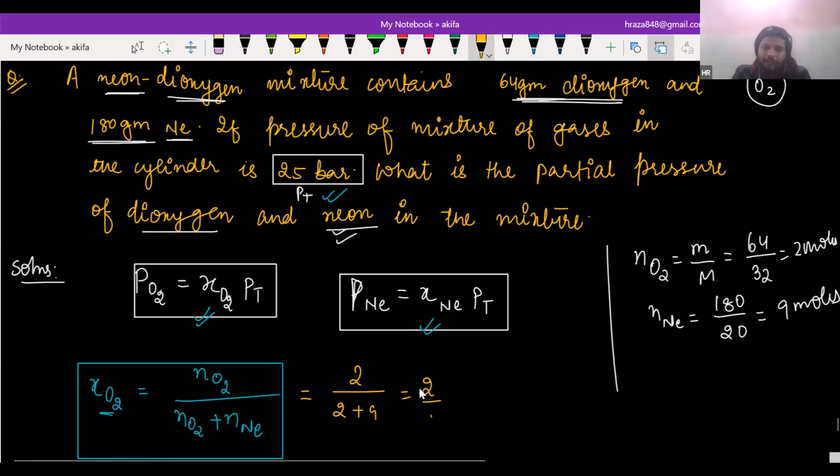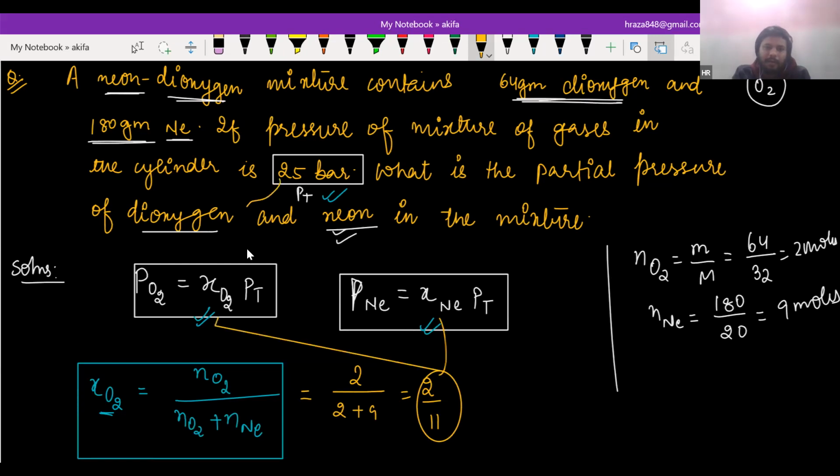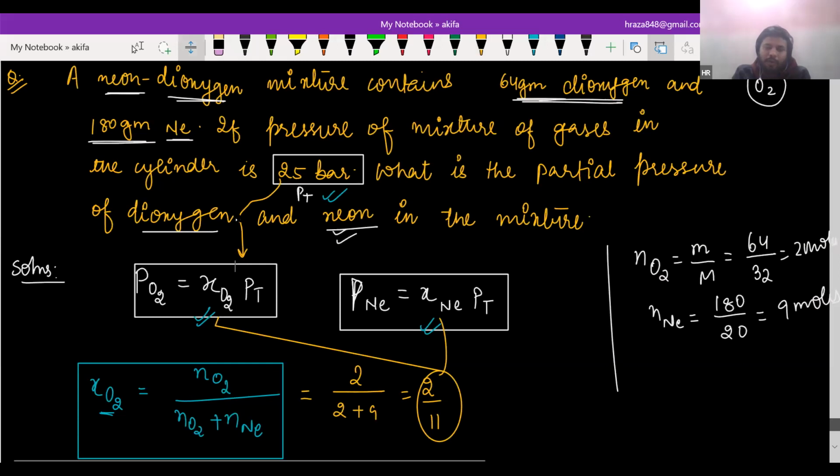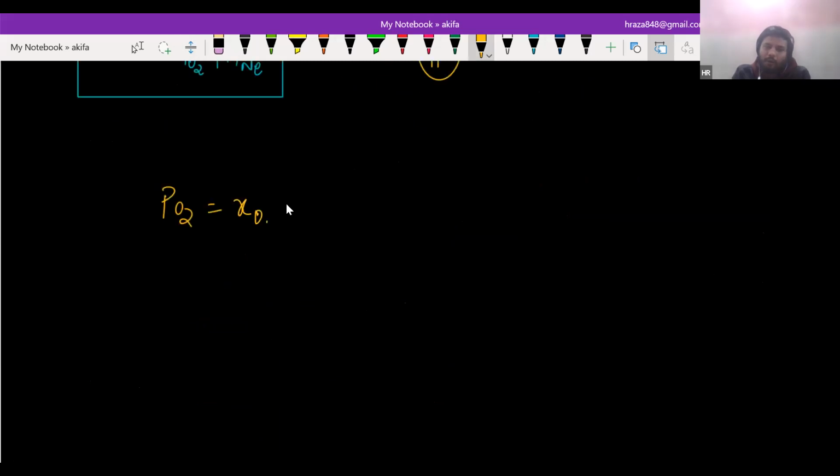So now we have everything, mole fraction of O2 as well as total pressure. Partial pressure of O2 is equal to mole fraction of O2 into total pressure. That is, mole fraction is 2 by 11 into total pressure, that is 25. And you will solve it, you will get it in bar.